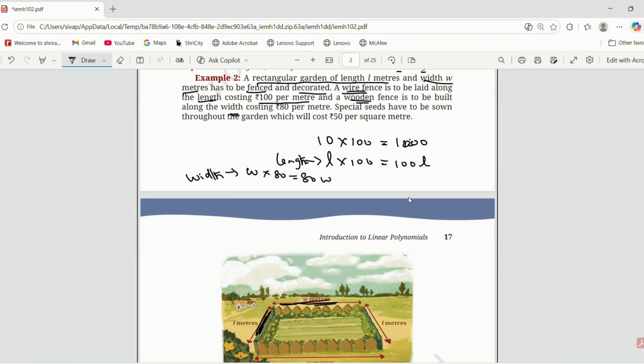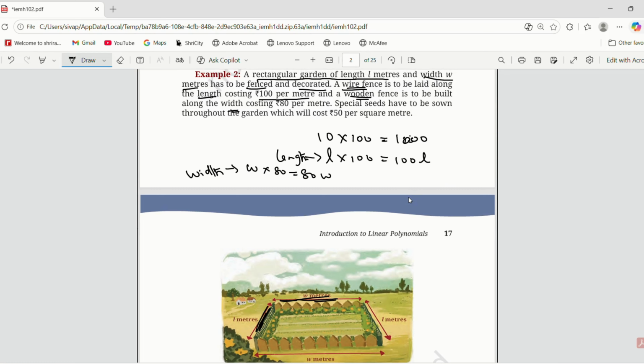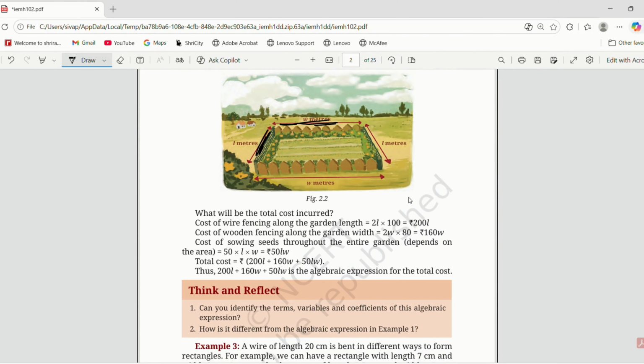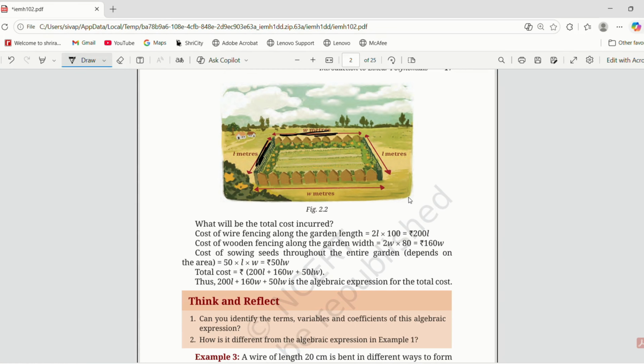And the last one is the special seed to be sown throughout the garden, which will cost rupees 50 per square meter. If I want to sow this special seed, first I need to find the area of this rectangular part. As we know, the area of a rectangle is length into breadth. Here length is L and breadth is W. So first of all we need to multiply the length and the breadth.